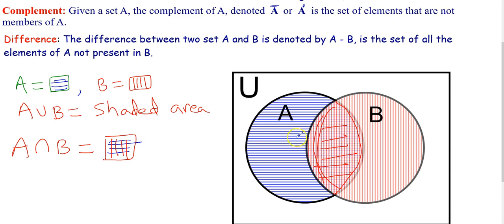That is the common area where you see the double shading, both horizontal and vertical, that comes under the common region, which is A intersection B.